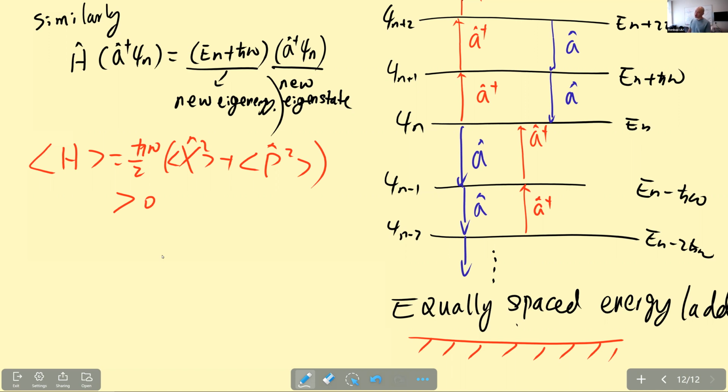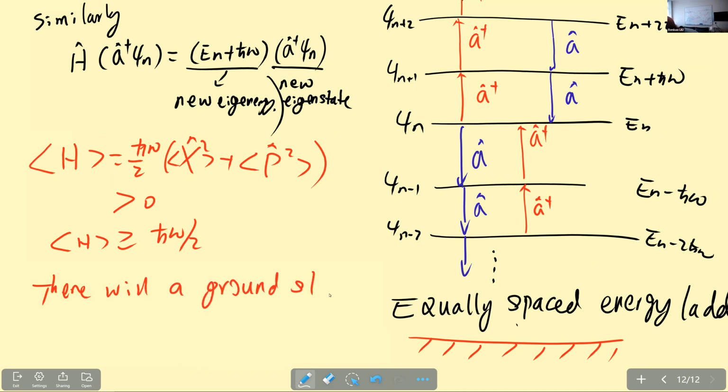And we know that it's actually greater than this one, right? So that means there will be a lower bound. Then there will be a ground state, because that's 0, and there's no state that has energy below that, okay?